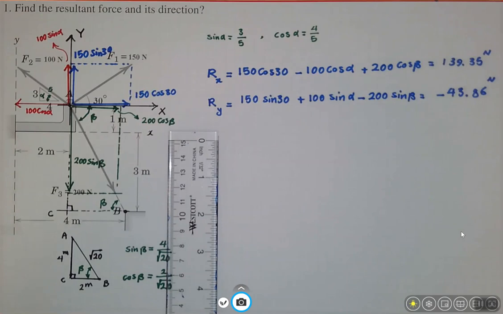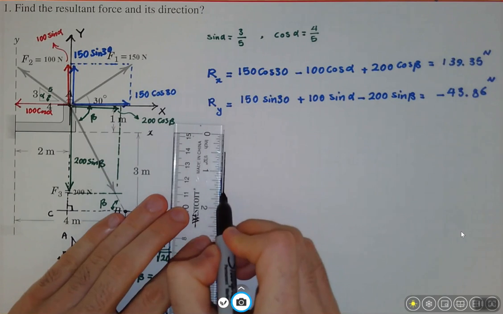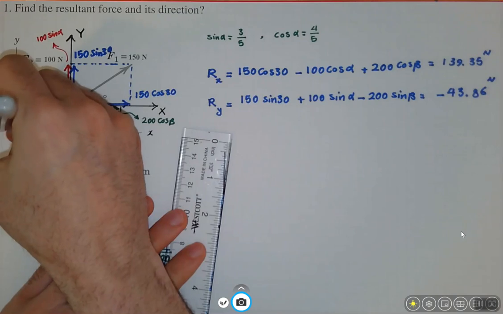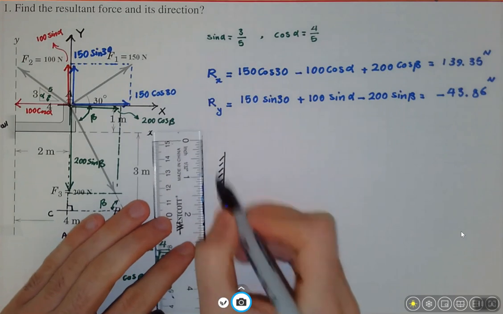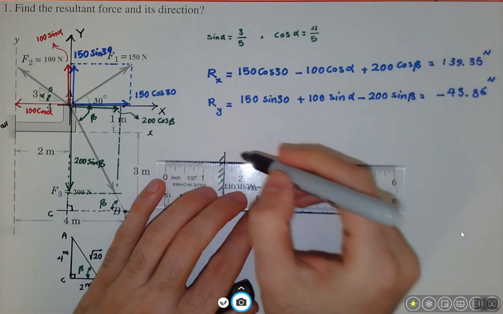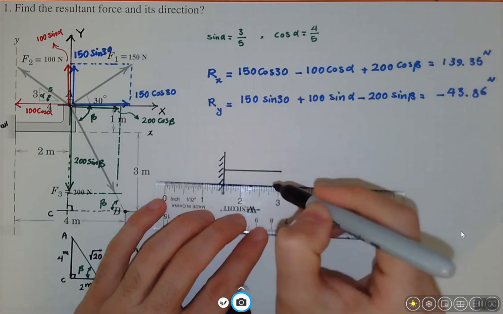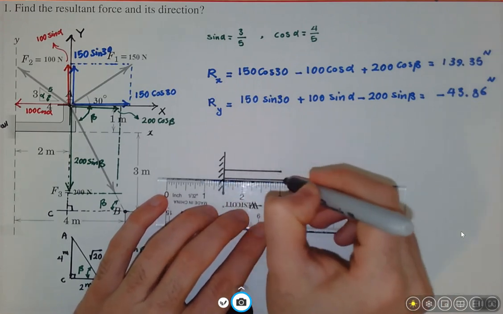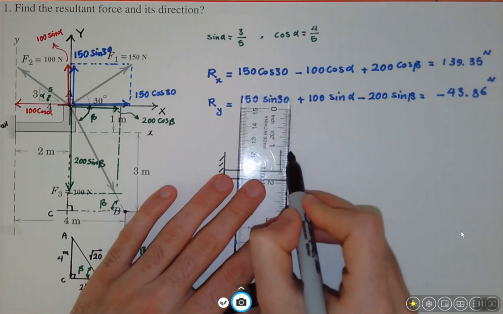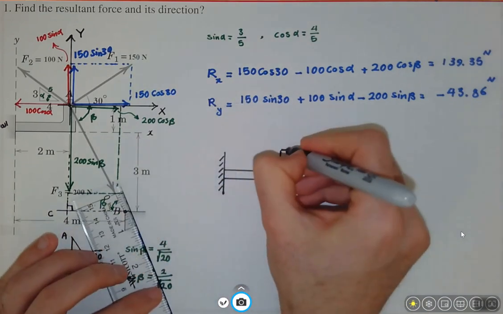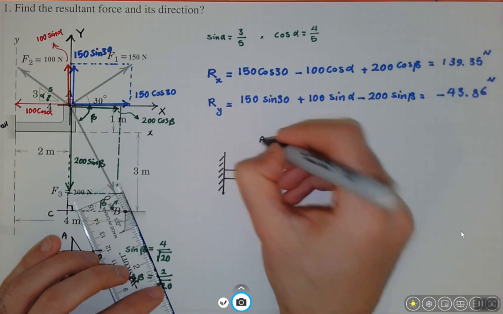So the structure is very simple. It's maybe an L-shaped beam. So we have a wall over here, right? This is the wall, and this beam is fixed to the wall. Usually we use this schematic to indicate a wall or a fixed portion of a structure. So I have this structure like that, and this is point A that we got, right?